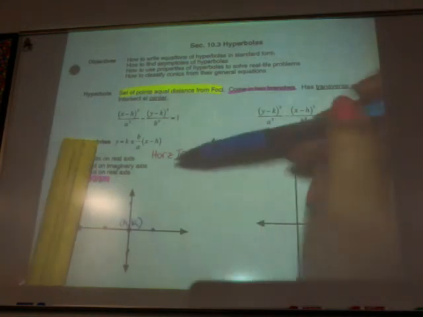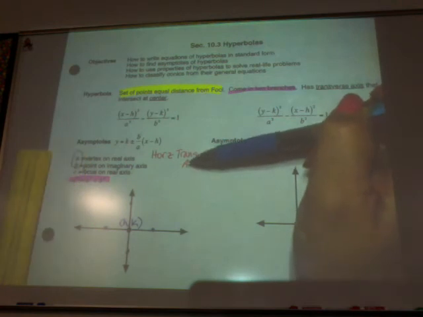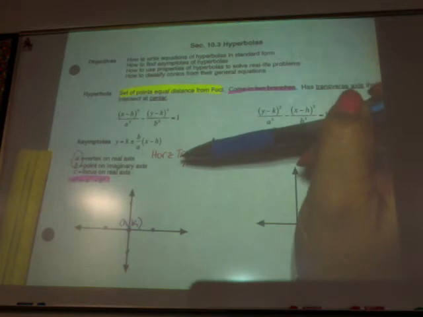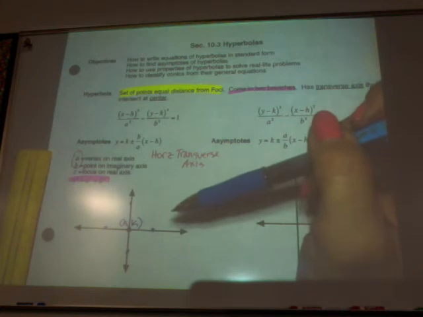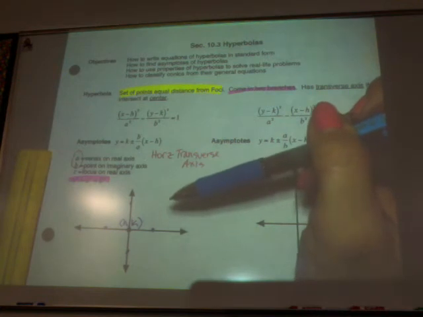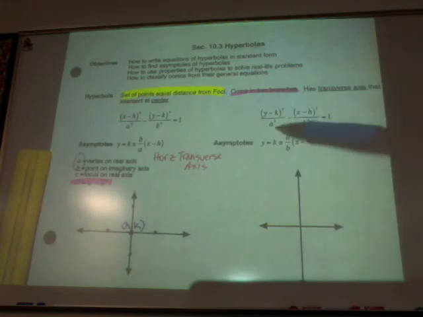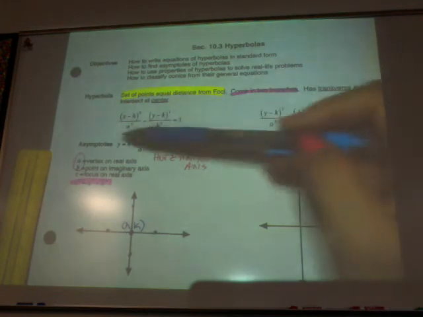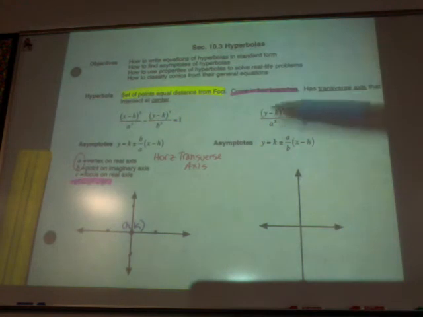But if I have a horizontal transverse axis, how would I know that? How do we know it with the ellipse? How do these change? Notice where A squared is? A squared is underneath the X, and B squared is underneath the Y. That hasn't changed from the ellipse.